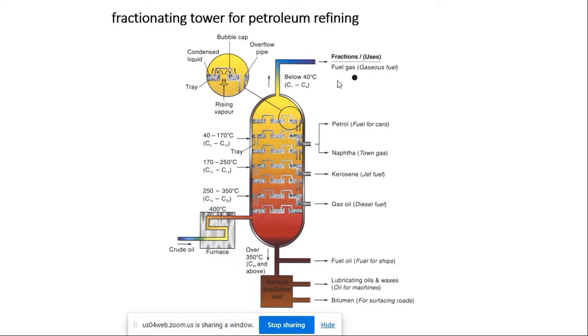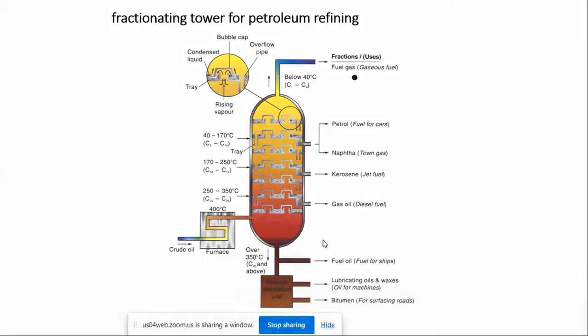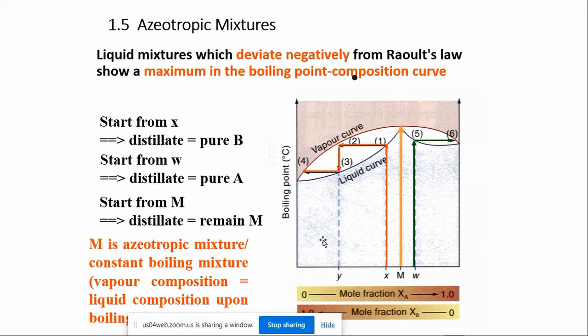Likewise, after the top, gases come out, and at the lower level you get bitumen or tar, right? Lubricants. Likewise, you get these from fractional distillation. So this is not a binary system. You have so many components there, but we are discussing only the binary system.